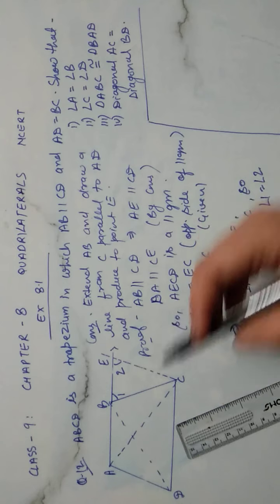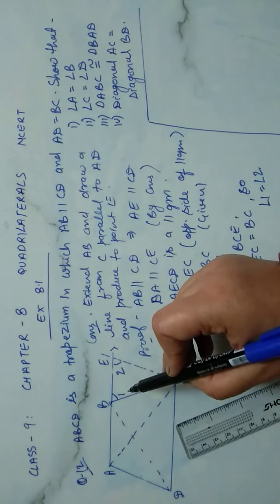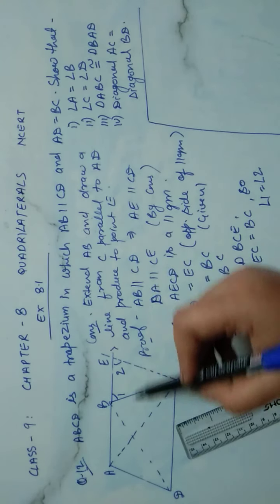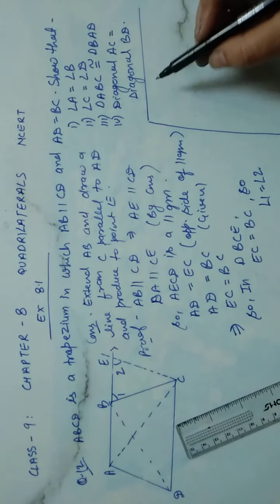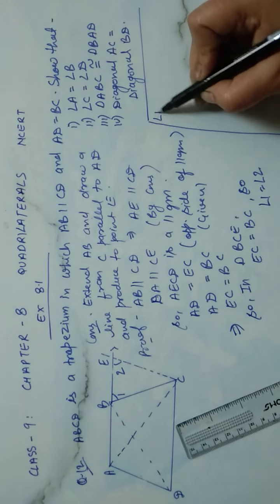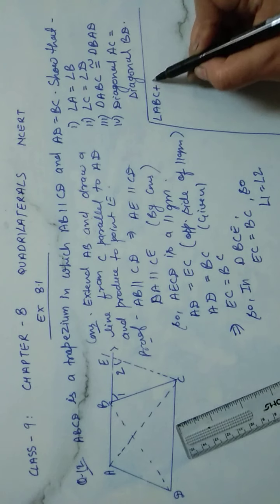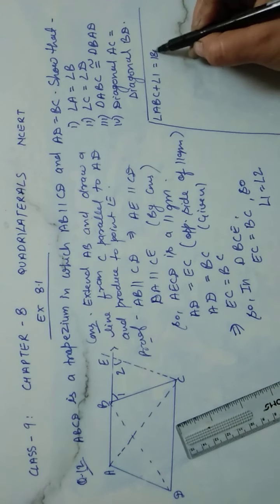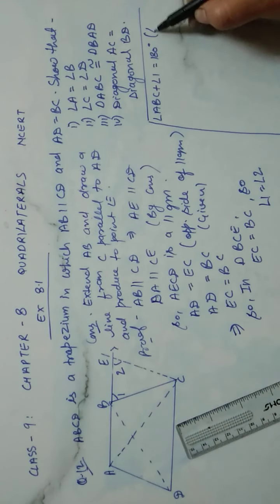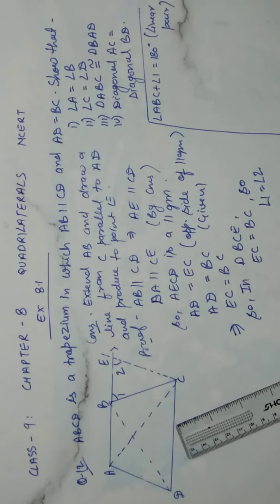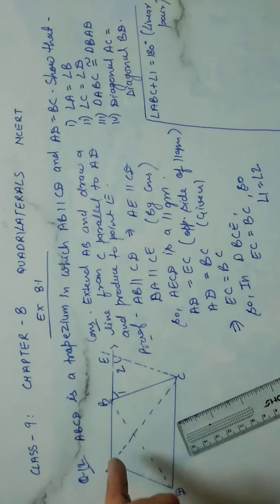Now, here it is angle 1 and it is angle B, and they both make a linear pair. So we can write that angle ABC plus angle 1 is 180 degrees, and the reason is linear pair. Another thing we have: these two are parallel lines and this is the transversal.